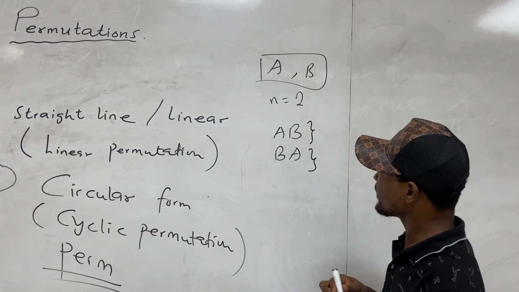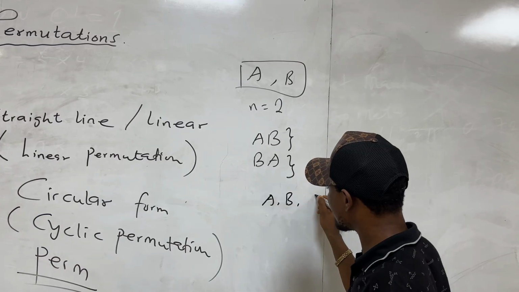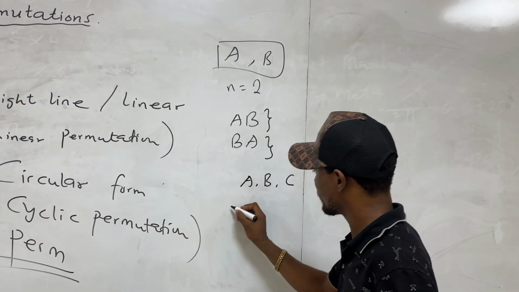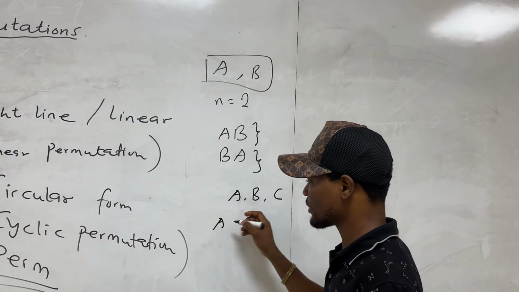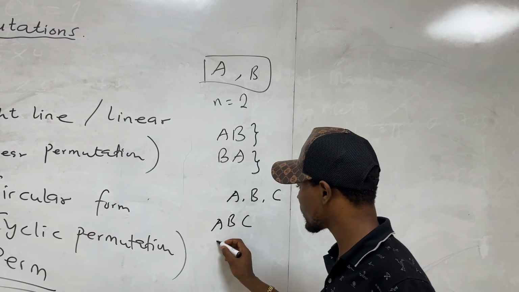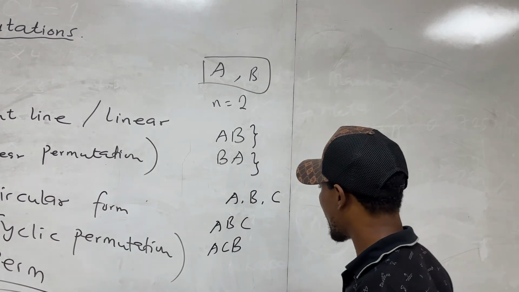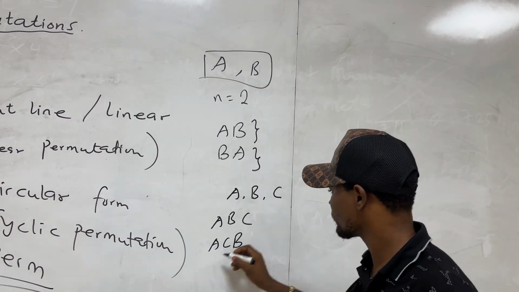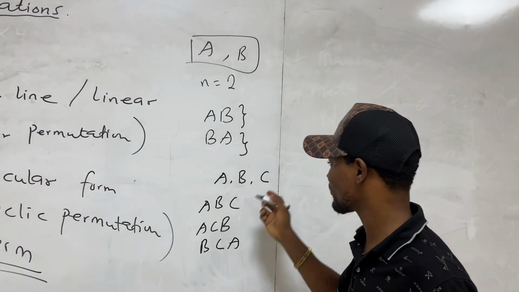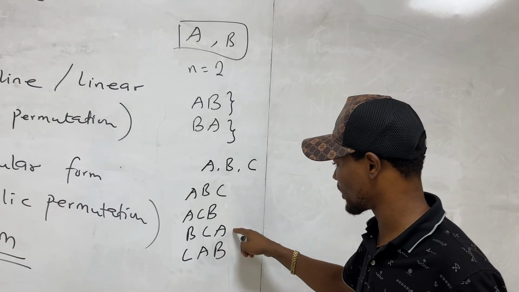Now, let's say you have A, B, and C. How many ways can we arrange this? I have A, B, C, then I have A, C, B. Then we have B, C, A, then C, A, B. So we have 1, 2, 3, 4.